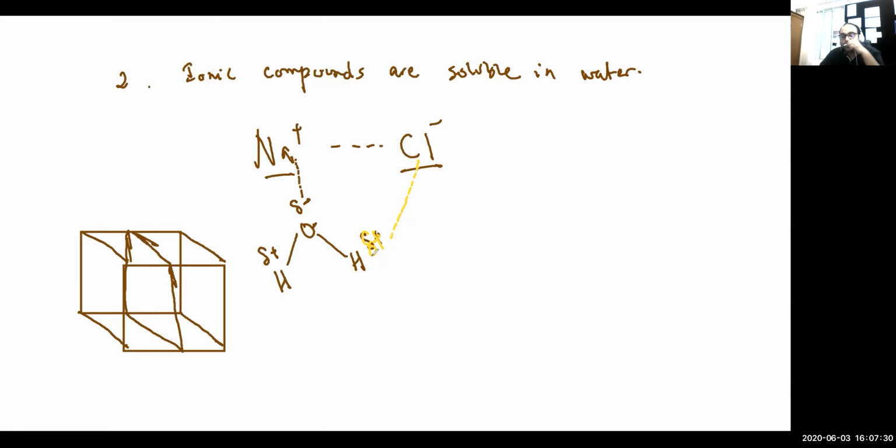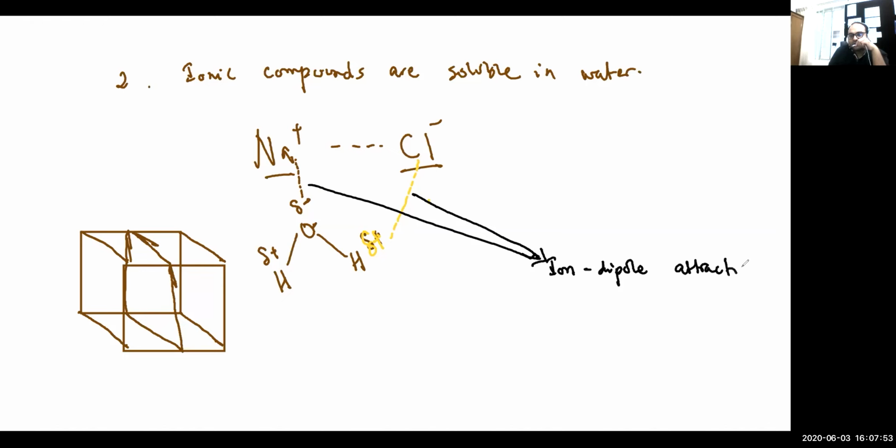Opposite charges are attracting. So these are called ion-dipole attraction. Ion, obviously you understand that this is an ion.